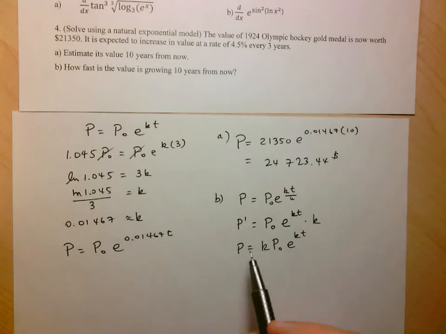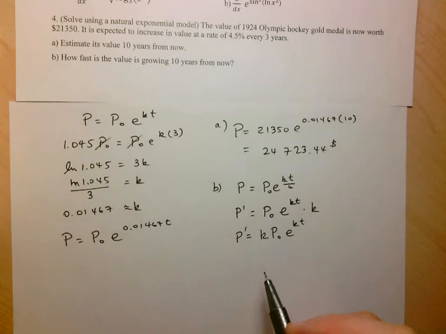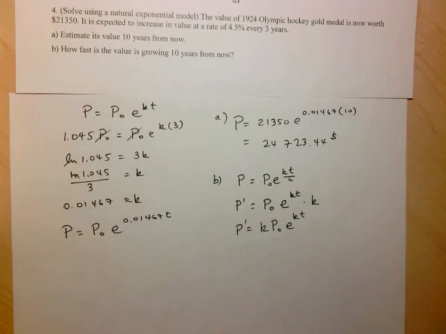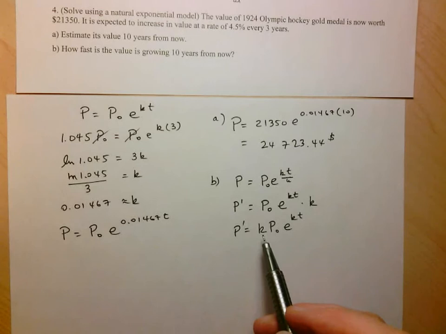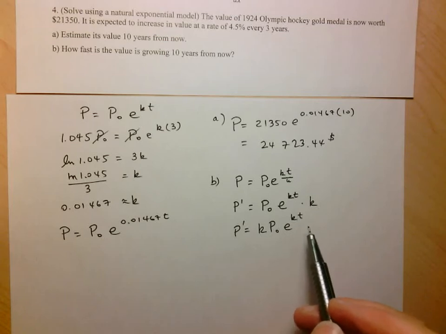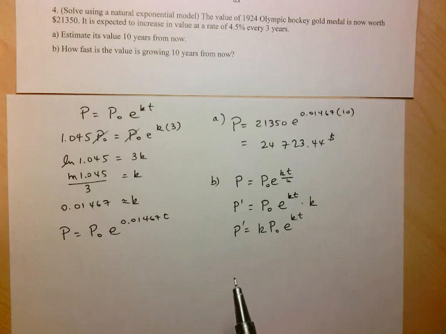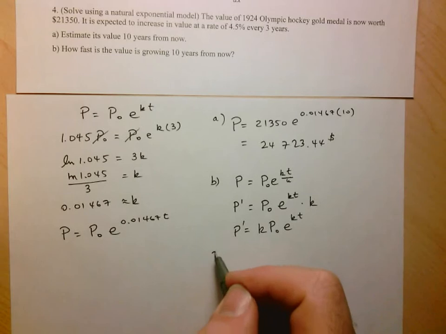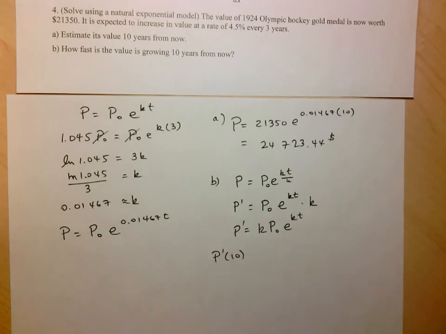If you think about what would happen if you found the second derivative, you'd see something very nice happen. So this hopefully gives you an idea as to why working with a natural exponential model is very nice. The only constants I have are the k and the P naught. I don't have any ln of other things that I have to deal with. In this case, I want to find the derivative at t equals 10.